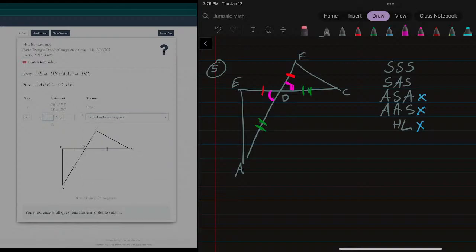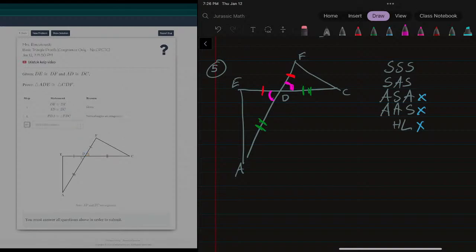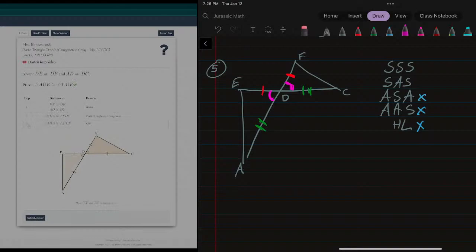Now, I'm going to start with my red side. So E to D to A, the green, E, D, A. And the other red is F to D to C, F, D, C. Boom. There we go. Now I have two triangles that are congruent by side, angle, side. And I could just look up at the proof, ADE and CDF. All done.